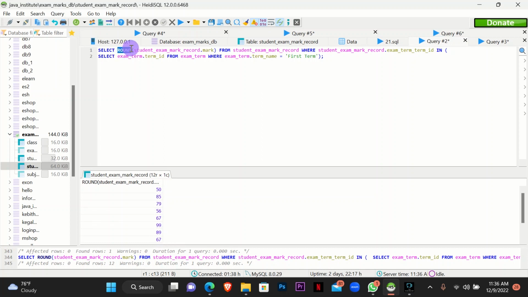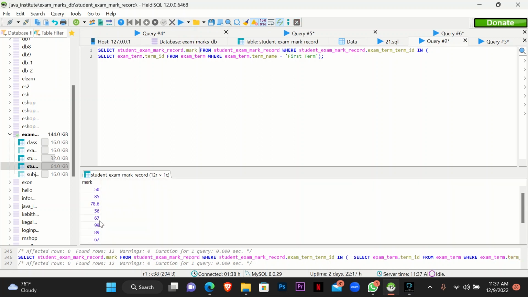If you delete this round function and execute the query, you get the decimal points as well, like this. To avoid these decimal points, we use the round function.